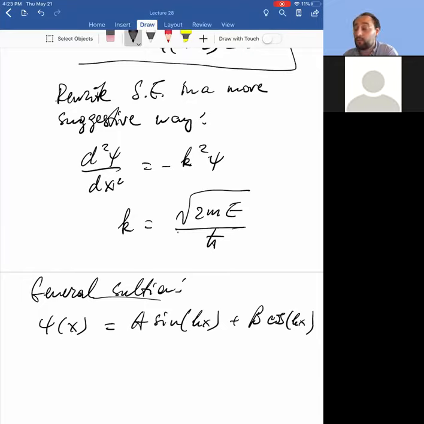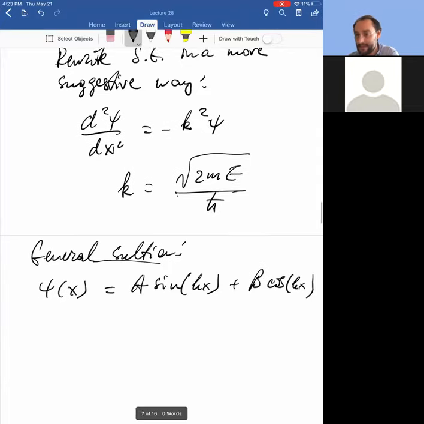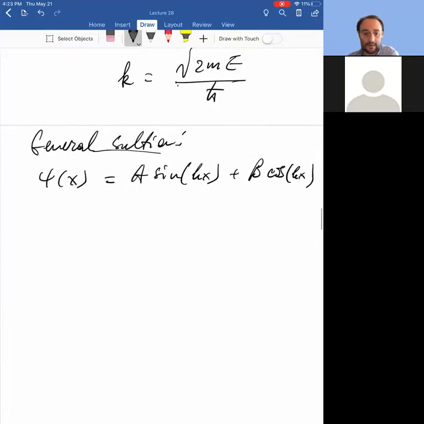Just go ahead, pause the video, take two derivatives, and see that you get the psi back, but it will be multiplied by minus k squared. Check it. It's good for you. I can also write it in the form a sine of kx minus phi naught, but this will be a more useful form. So I'm going to stick to this form.